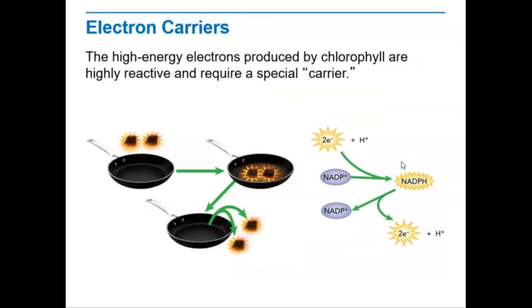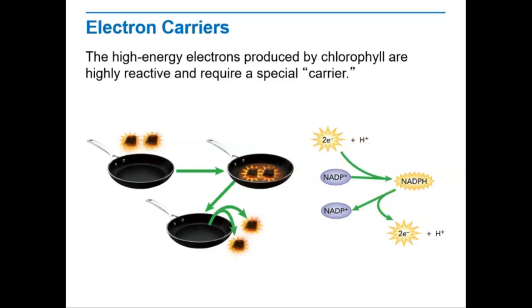Electron carriers. The high energy electrons that are produced by chlorophyll are highly reactive and they require a special carrier molecule. And the carrier that plants use is NADP+. So plus means it has a charge, right? So it's going to attract those electrons. And when it does, it's also going to bind a hydrogen ion. And that's going to convert it into NADPH.